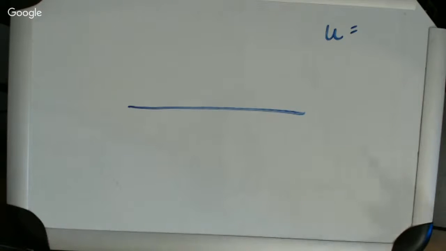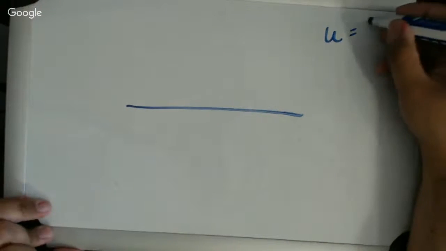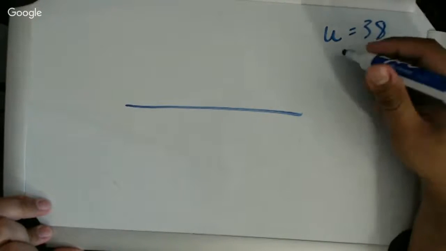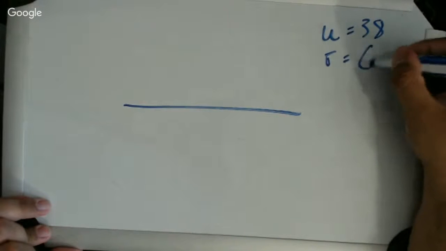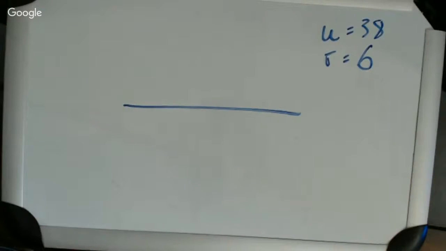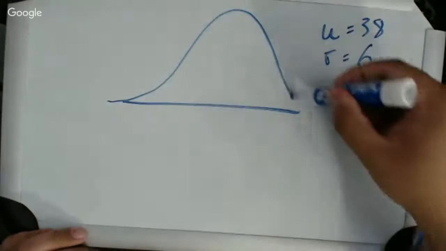They tell us the two things we need: the average lifespan is 38 months, and the standard deviation of the lifespan is 6 months. This is sufficient to describe it, and they tell us it's normally distributed.